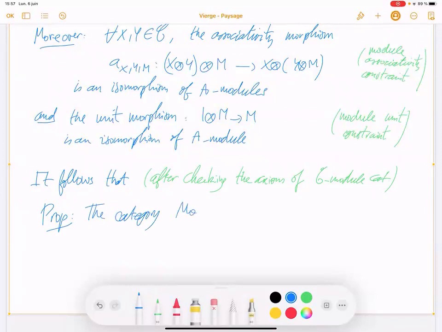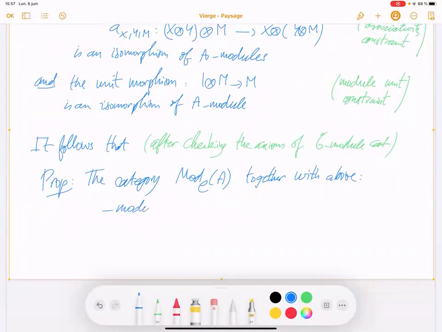The category mod CA together with the above ingredients, module product, module associativity constraint and module unit constraint, is a left C module category.